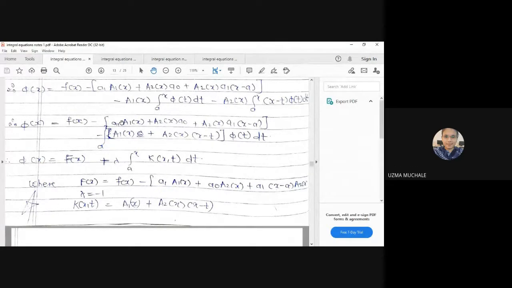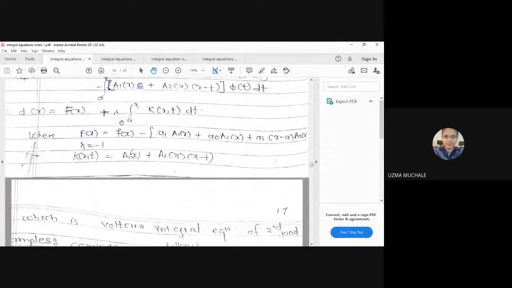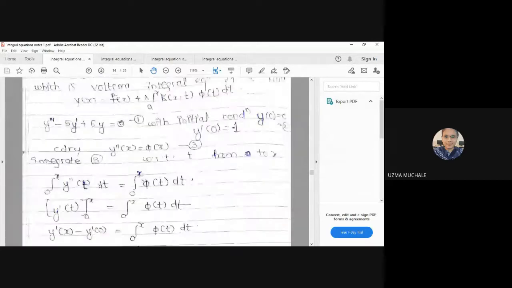But in this case, we are getting the Volterra integral equation, since an initial value problem is converted to Volterra and a boundary value problem is converted to Fredholm integral equation. You have to put it in the standard form and check what is f of x, what is lambda, what is k of x t. Like we have seen the examples for that.